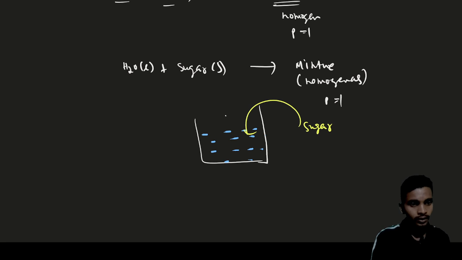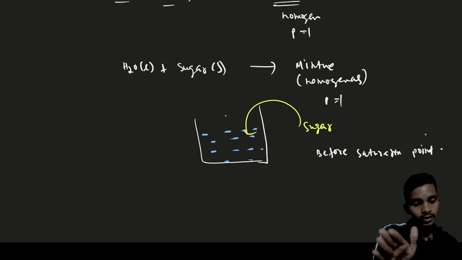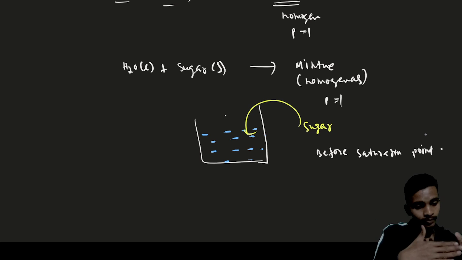So here two points are there: before saturation point and after saturation point. Saturation point is the state where neither solid nor liquid changes; it is the most stable point, like an equilibrium point. After the saturation point, the sugar will not dissolve, and before the saturation point more sugar can dissolve.